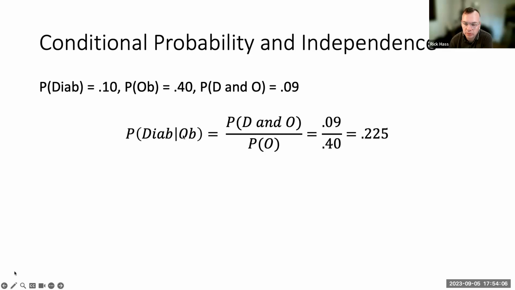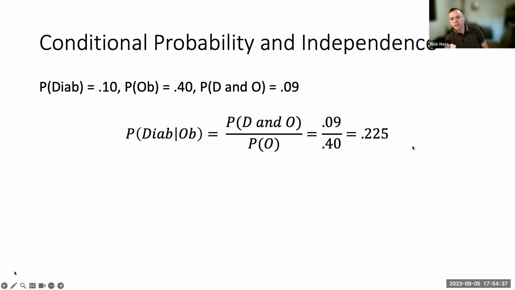That's the known in the situation. The diabetes part is the random variable. So we're computing a probability of diabetes given that we know something about the person, that they're obese. And we do that simply by taking the joint probability and dividing by the marginal. We find that given that you're obese, the probability that you're diabetic is 0.225.